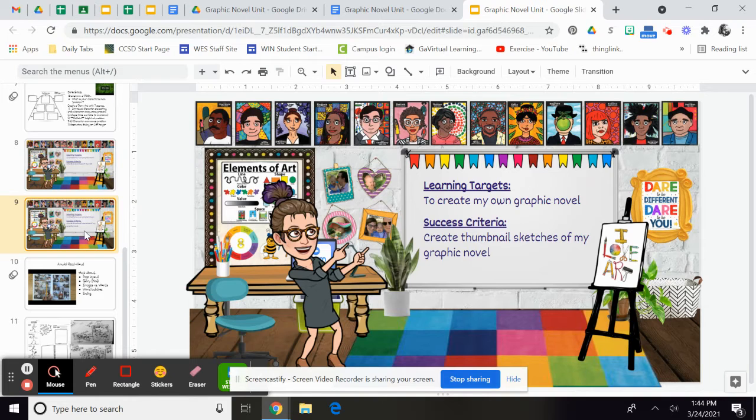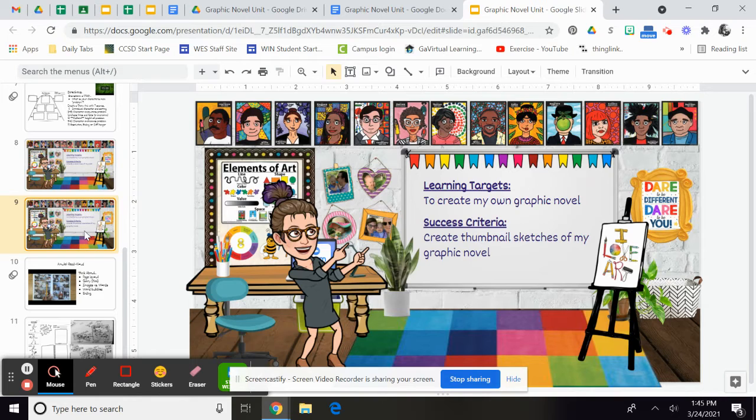So your finalized graphic novel that you create is a story that is told primarily through pictures. So just like a rough draft is like your first copy when you write a story using words, thumbnail sketches are like your rough draft of your final drawing.